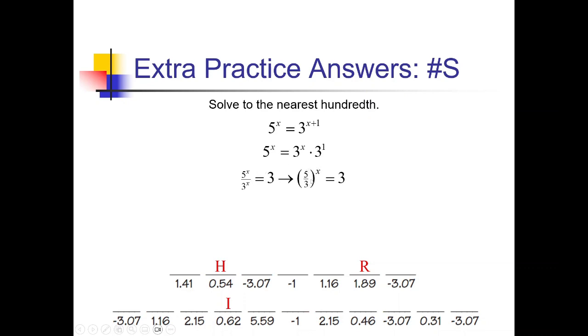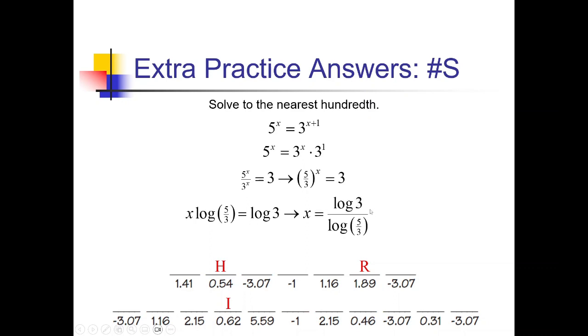So I'm just going reverse order of my regular exponent rules. And at this point, I now have some number to x equaling some number. So this is a pretty easy point at which to pull the logarithms in here and do that dance. So I'm going to have x log of 5/3 on the left side, and then log of 3 over there. And then to solve for x, I just have to divide both sides by the log of 5/3.